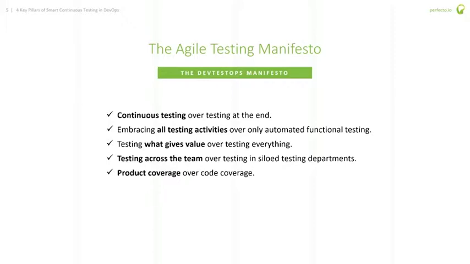And lastly, the product coverage is the important thing and not just the code coverage. You need to make sure that you are identifying business risks associated with code features and functionalities over just measuring code coverage, which not necessarily gives you the right feedback and visibility.